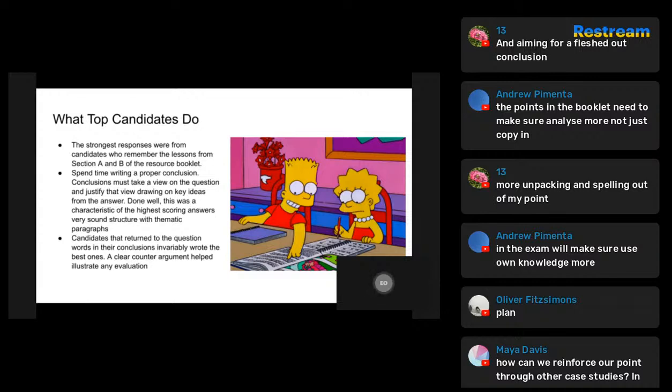So, for example, for superpowers, you should be using words like hegemony, hard power, soft power, military intervention, economic sanctions, the United States of America, China, Russia, BRICS. These are the sorts of words and acronyms that you should be using in your answer throughout.